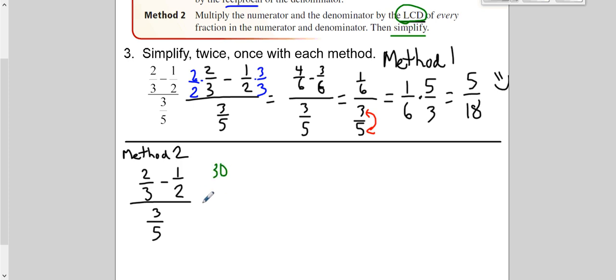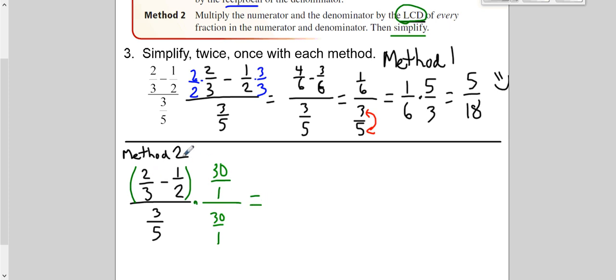So we're going to multiply the numerator by 30 and the denominator by 30. Any number over itself is 1. I'm going to make these look like fractions. Since we have fractions and fractions, I'm going to write it as 30 over 1 divided by 30 over 1. And that's what we're multiplying by. Okay, here we go.